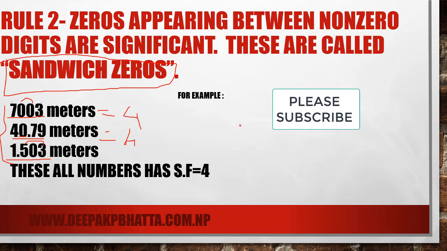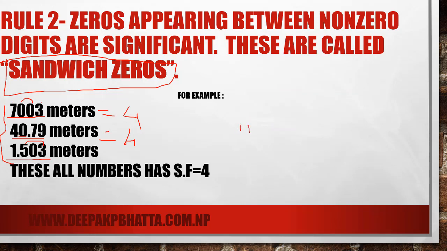If we have the number 10257, its significant figures are 1, 2, 3, 4 and 5. Its significant figure count is 5. That's why zeros which come in between non-zero digits are significant.